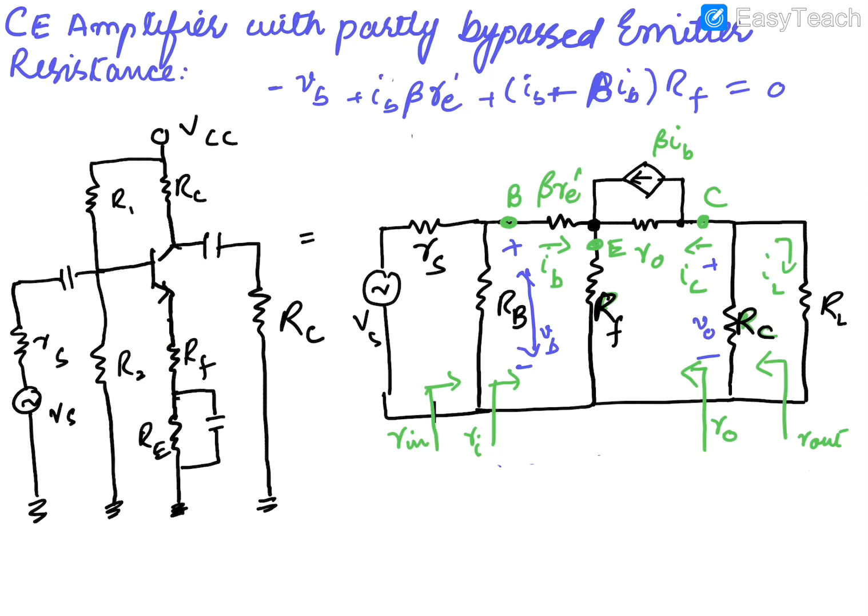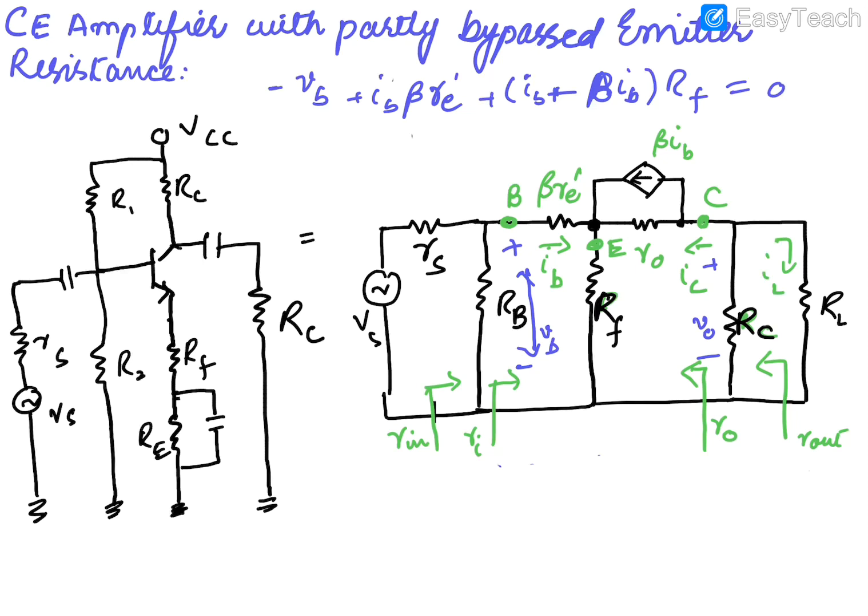So when we consider the AC equivalent model of this circuit, for AC, as we short circuit the capacitor, this RE will be fully bypassed, and there will be only one portion left of RE, that is RF, in series with emitter.